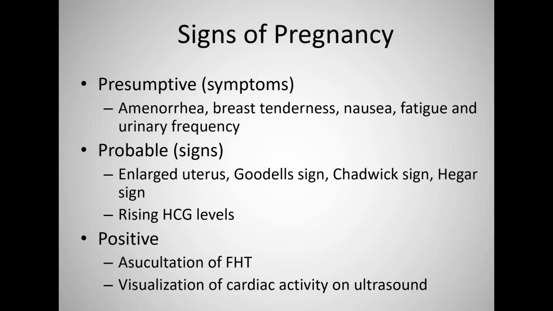Okay, then they have what they call probable signs, which are enlarged uterus, a Goodell sign, a Chadwick sign, and a Hegar's sign. I'm going to explain to you what those signs are in a second.